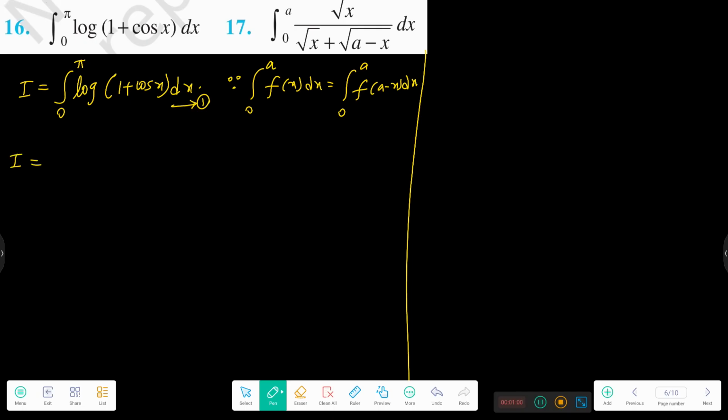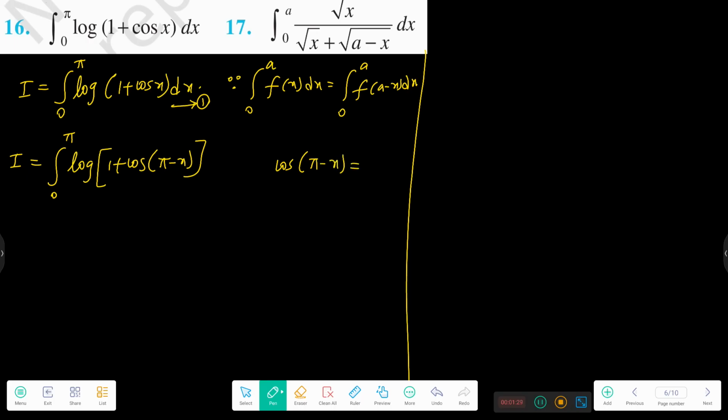And I is equal to, if I use the property, log of 1 plus cos of pi minus x. Children, wherever we have an x, we have to replace it with a minus x. What is a? The upper limit, and the lower limit is 0. So here we have x, so I replaced pi minus x in the question. What is cos of pi minus x?